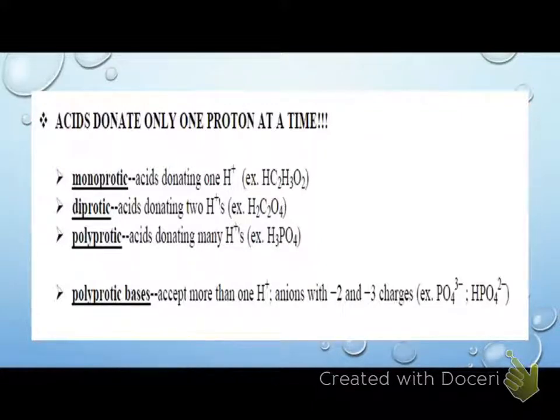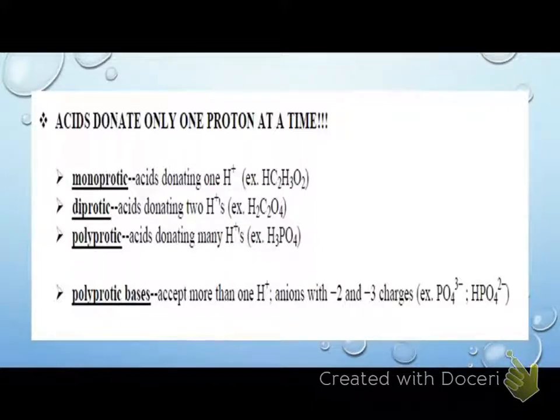If you have a monoprotic acid, mono means one. It has one proton to donate. Diprotic is two, like H2SO4 or this oxalic acid they're showing here. And of course, polyprotic is having more than that, which is usually three, in the case of H3PO4. You can have polyprotic bases as well because they can accept more than one hydrogen, but again, they're doing so one at a time.